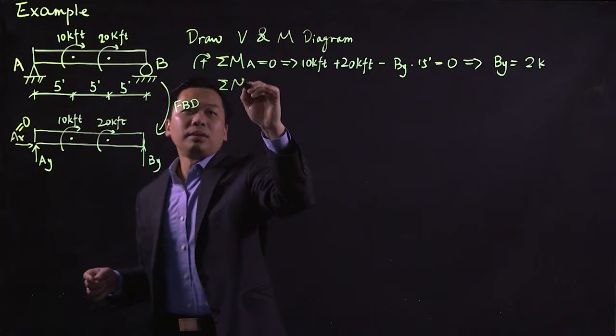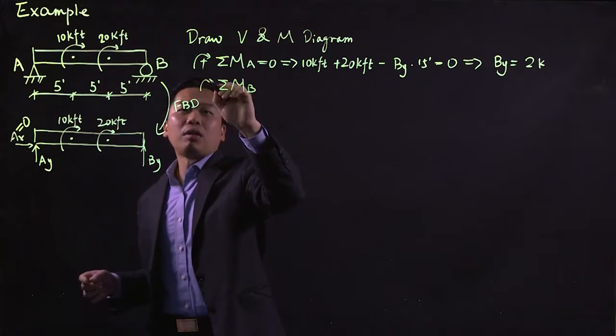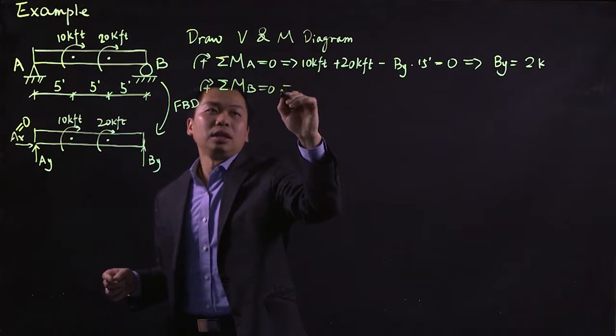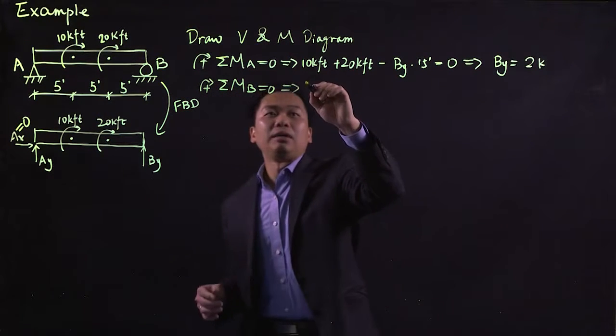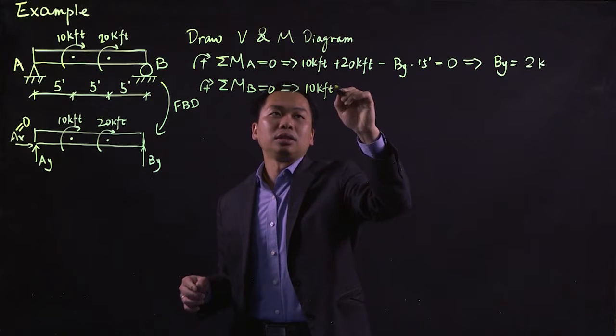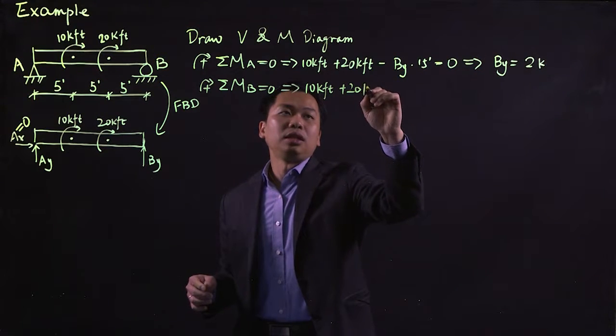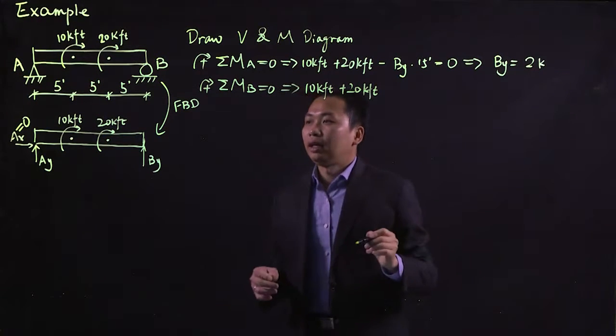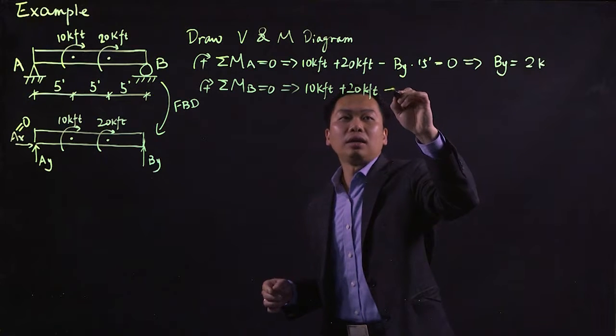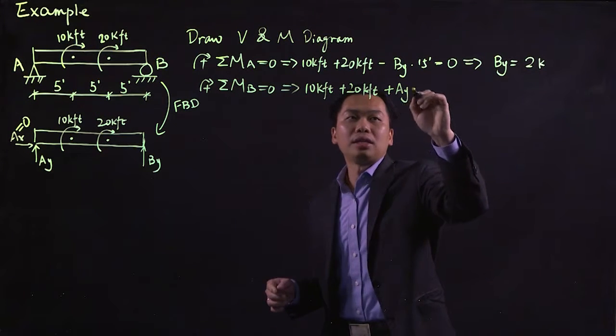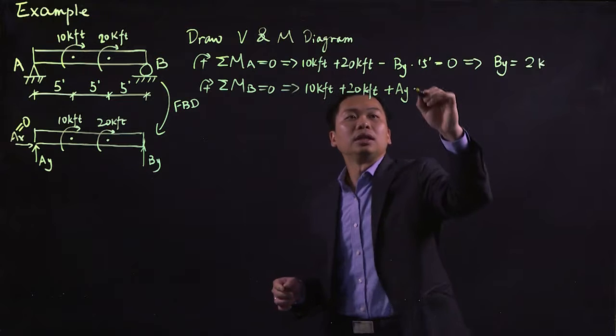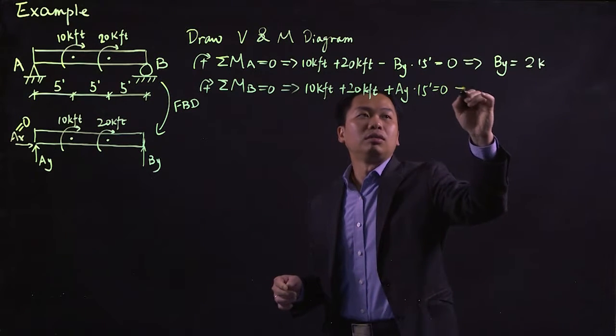Similarly, you can sum the moment at point B using clockwise as positive direction. If you do that, you have the same external moments, 10 and 20, and you have the AY, which is also going to create a clockwise moment, is equal to 0.